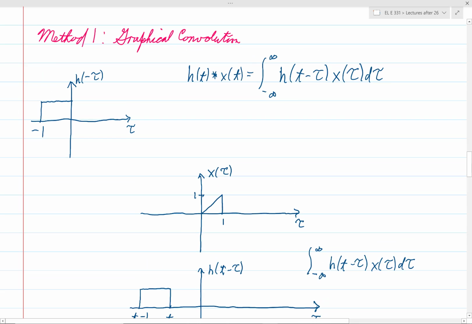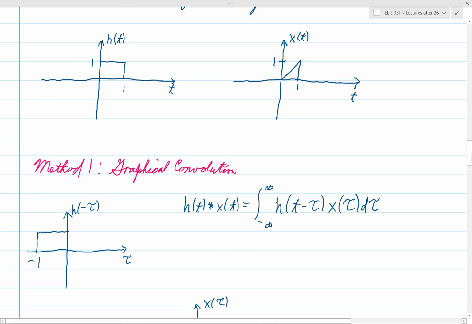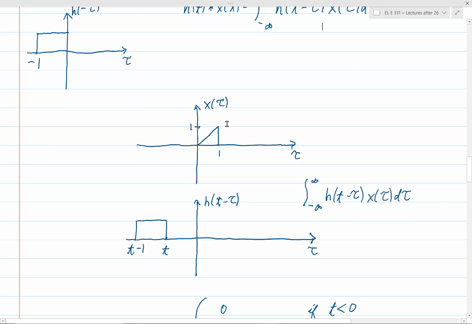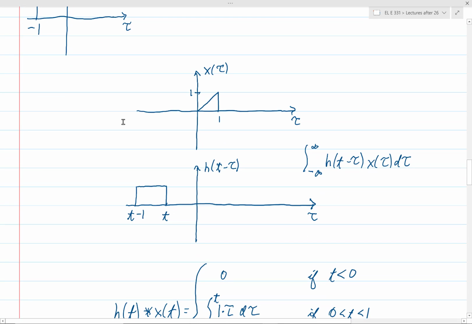Okay, and then x of tau, of course, there's not much to that. Here's x of t, and we just replace the t's by tau's, but otherwise everything stays the same. So you put the graph of x of tau and the graph of h of t minus tau, top and bottom like that.